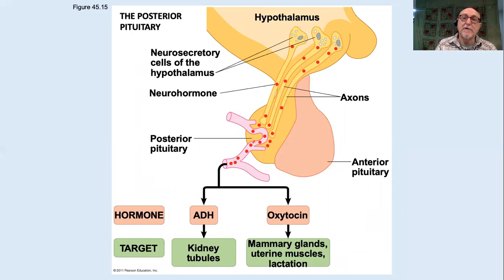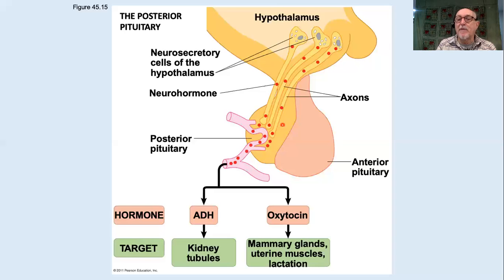The posterior pituitary here connects to the hypothalamus by long nerve cells, which are really a combination of nerve cell and secretory cell, and we call them the neurosecretory cells. And neurosecretory cells of the hypothalamus secrete their hormones and move them down the axons all the way to the posterior pituitary, where they are then released into the bloodstream.